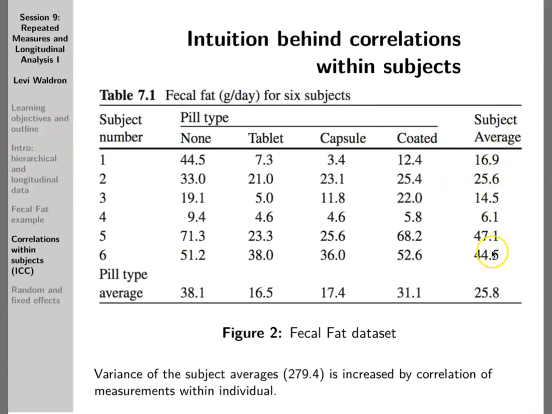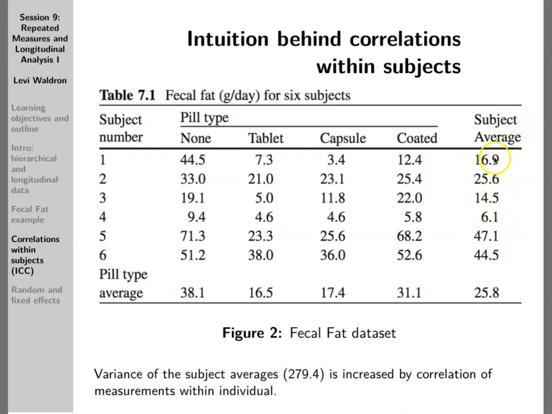Now, if you just calculate the variance of this subject average, and this is actually just taking this column of means, calculating the standard deviation and squaring it, or calculating the variance, you get this value 279.4. That's actually increased quite a bit by the correlation of measurements within individual. Why would this be increased?